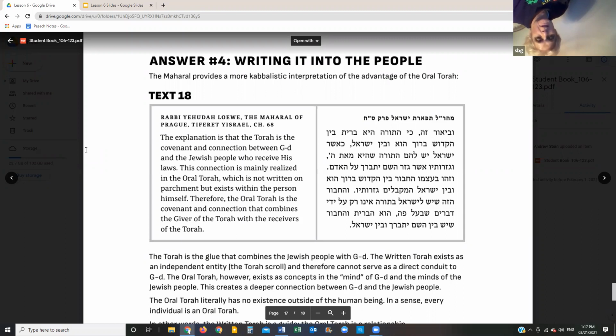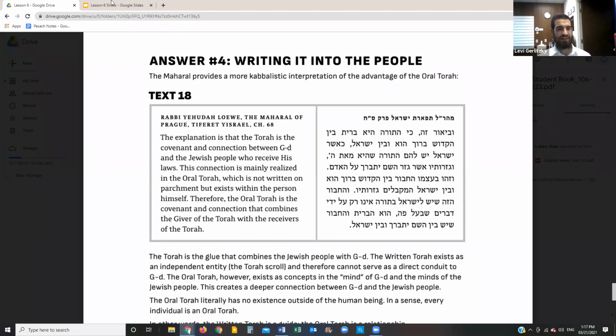This connection is mainly realized in the oral Torah, which is not written on parchment, but exists within the person himself. Therefore, the oral Torah is a covenant and connection that combines the giver of the Torah with the receivers of the Torah. Very good.